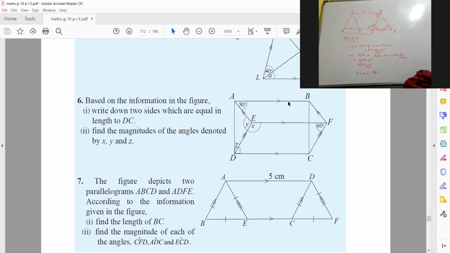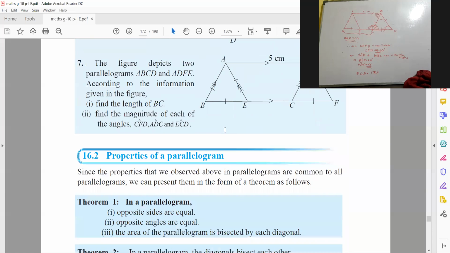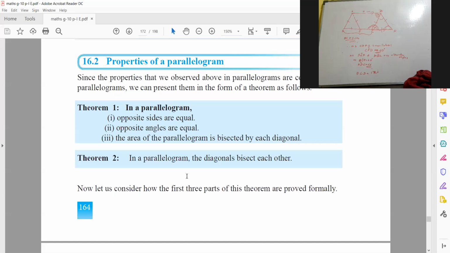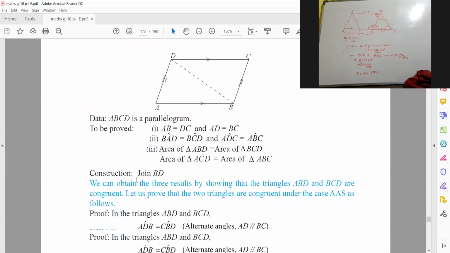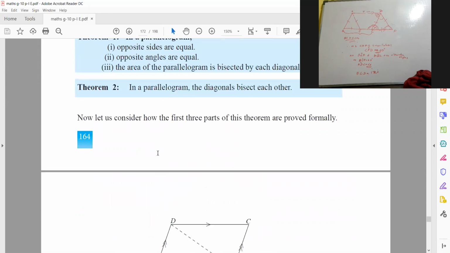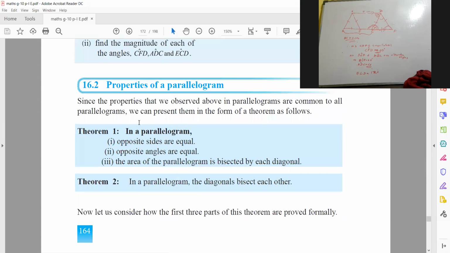Now let's move on. Now we are going to prove those properties, right? In the parallelogram, we discussed some properties. Now we are going to prove those properties using congruency of triangles. I'm going to prove it on the whiteboard now. For you, the first theorem is the only one for proving; the second part is not there for you.